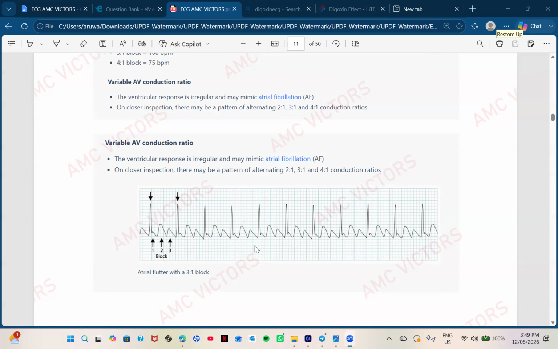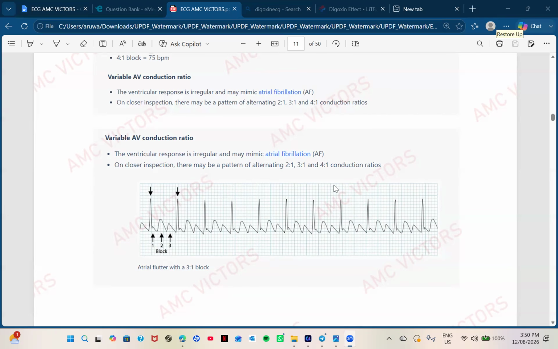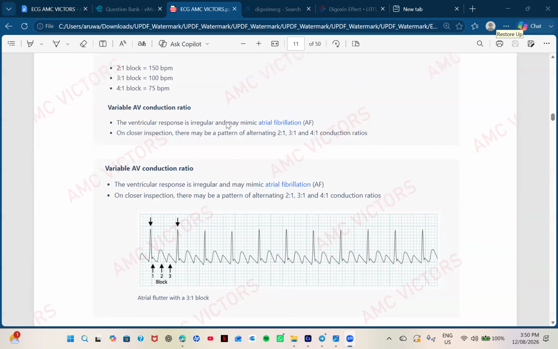Because in flutters we don't have proper P waves. We have F waves, the flutter waves, right? So in here, 3 to 1 block means we have one, two, three F waves for this one QRS, right? Do you understand? Got it?